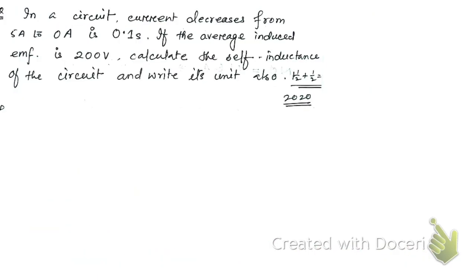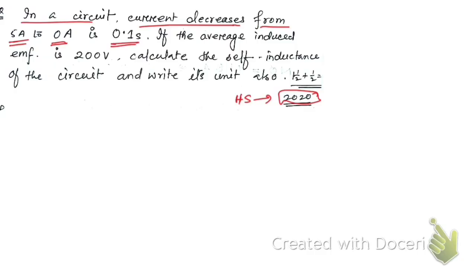This question was asked in the AHSEC final examination 2020, under the Assam Higher Secondary Education Council. In a circuit, the current decreases from 5 ampere to 0 ampere in 0.1 second.